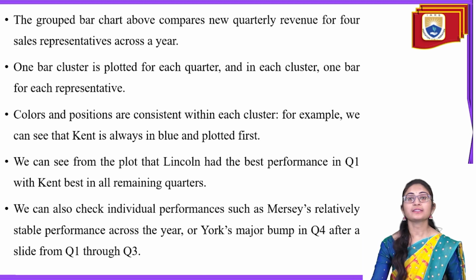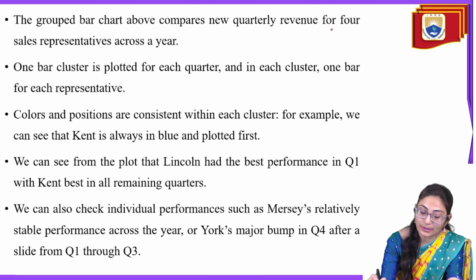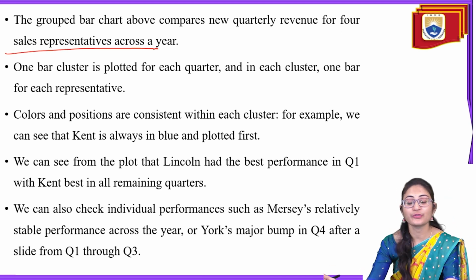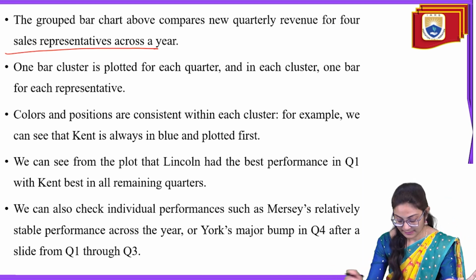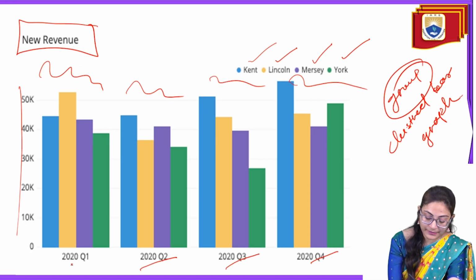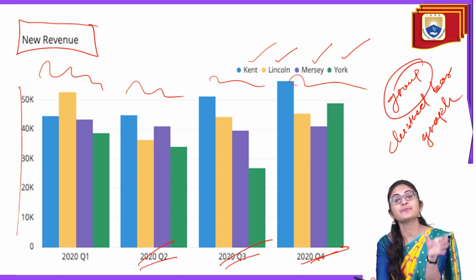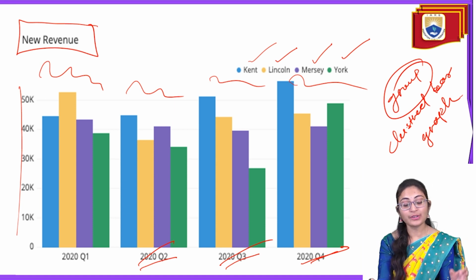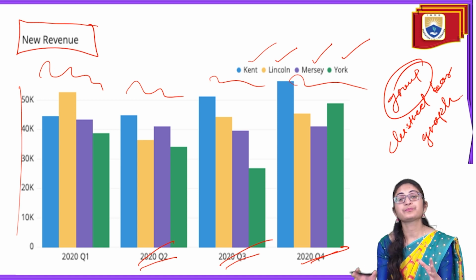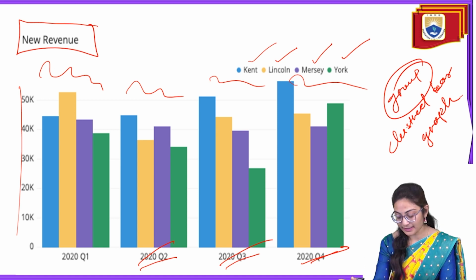The group bar chart above compares new quarterly revenue for 4 sales representatives across years. See, for every year, for 2020 we have 4 quarters, and we have shown the data in the form of the clustered bar graph.